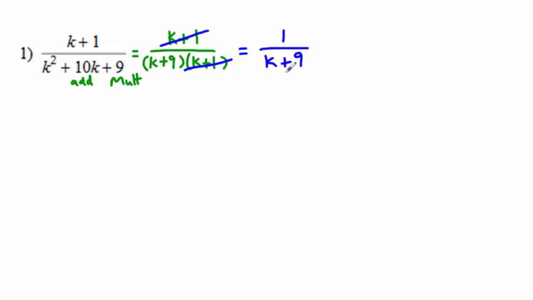Now, the other thing that it asks us besides simplifying is it asks us to state our restrictions, or another way of saying that is the excluded values for our variables. So our variable is k, and we want to look at this step after we factored, and we want to say, well, we know that k can't be negative 9, and we know it can't be negative 1.